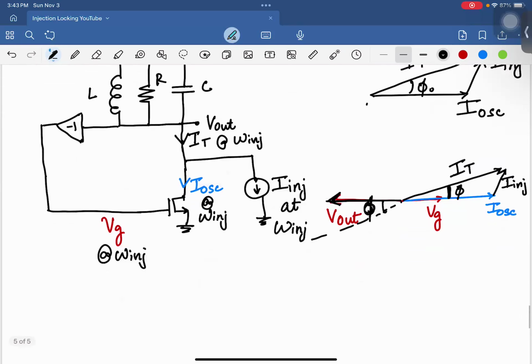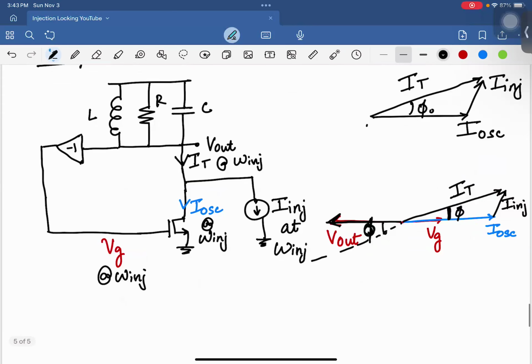But one question that remains is that, okay, I injected at omega injection, but why does the tank have to satisfy the phase condition at omega injection, right? So we are saying that you injected a signal that had some phase shift with the oscillation signal, that introduced a phase shift between IT and I oscillation, but why does the tank have to oscillate at exactly omega injection so that it cancels that phase, right?